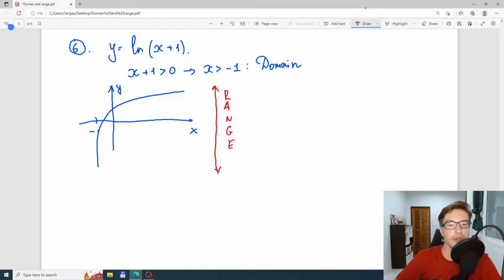And there is nothing to limit the value of y. So our range is going to be y is in between minus infinity and plus infinity. Or you could write it as y is any real number.